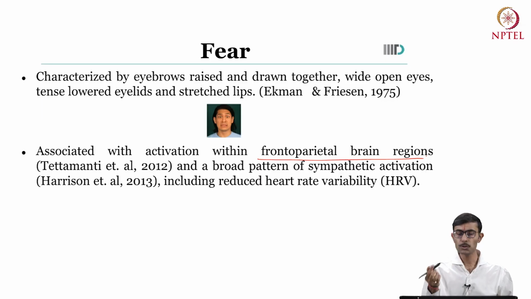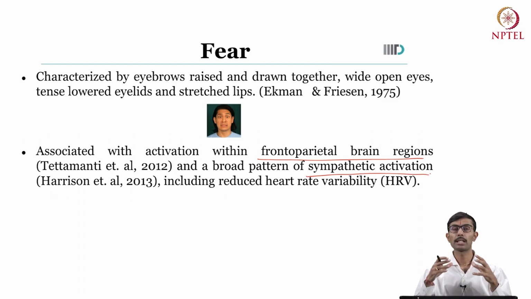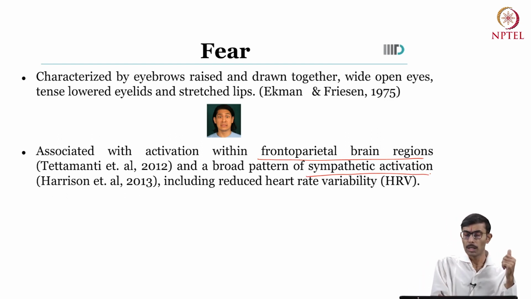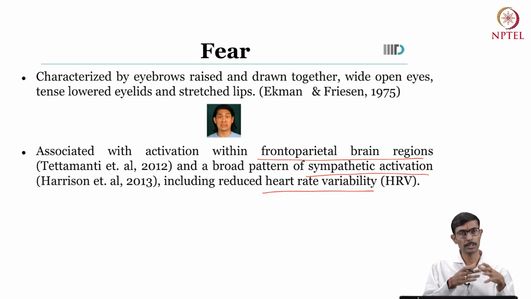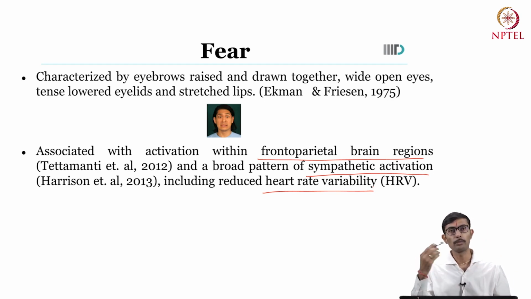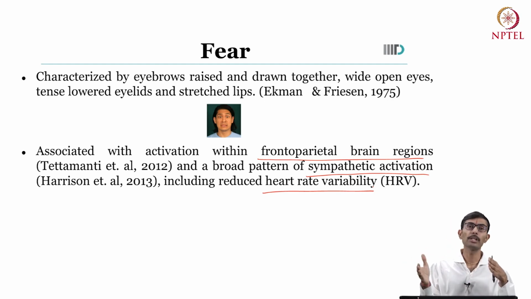Fear is associated with higher activity in the frontoparietal brain region, and it is also represented as a higher sympathetic activation. Sympathetic activation consists of higher cardiovascular activities, which may also include changes in heart rate variability, for example reduced heart rate variability. We will talk about what heart rate variability means when we discuss emotions and physiological signals, but basically it is the variance among the different heart rates.